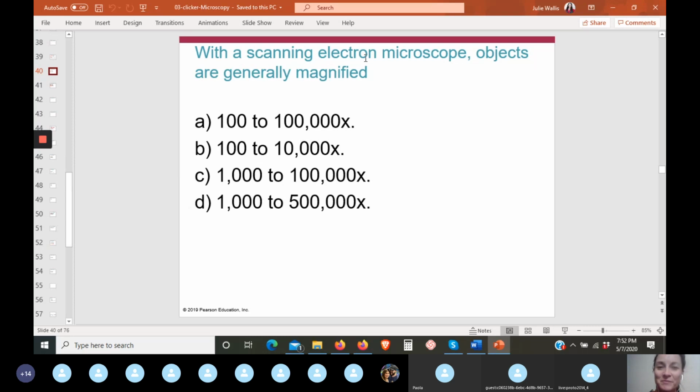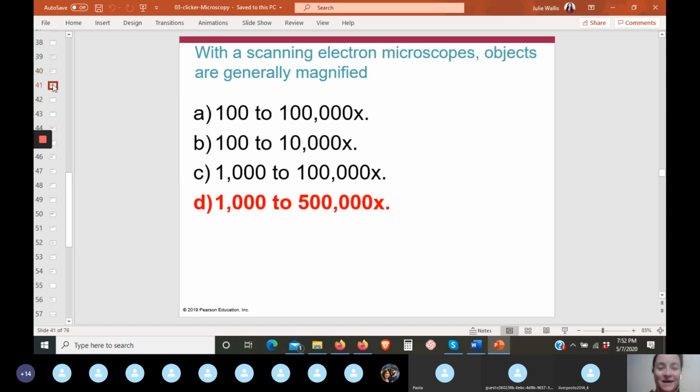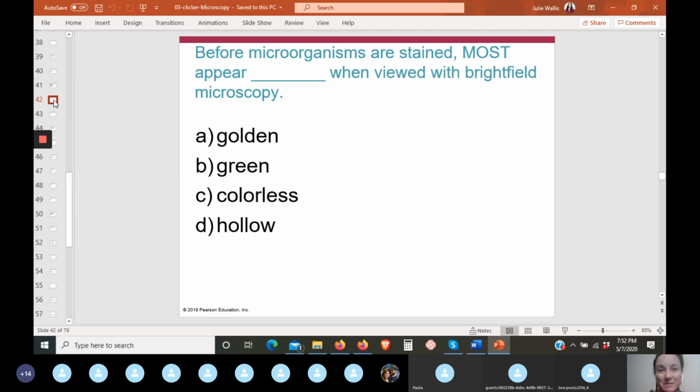We often abbreviate these SEM, so I'm going to start doing that. And SEM objects are generally magnified 1,000 to 500,000 times, because there can be a huge range of magnification, but all electron microscopes magnify to the highest degree, which is up to 500,000. I've seen some that even say up to 1,000,000 times.